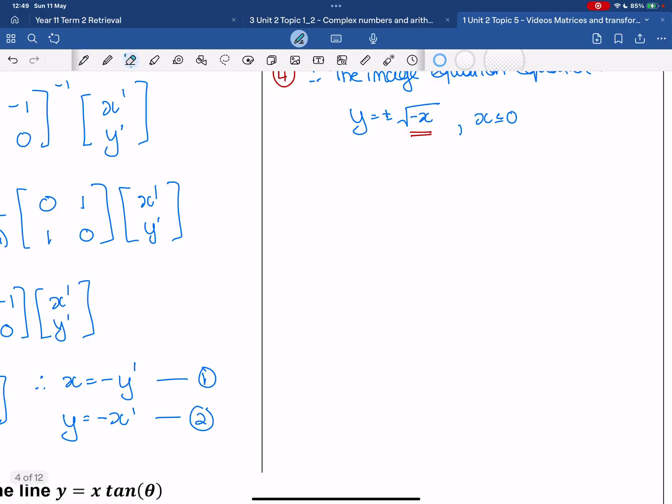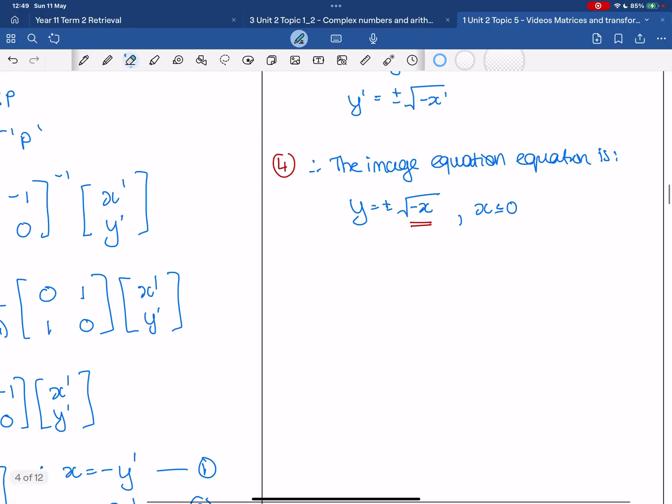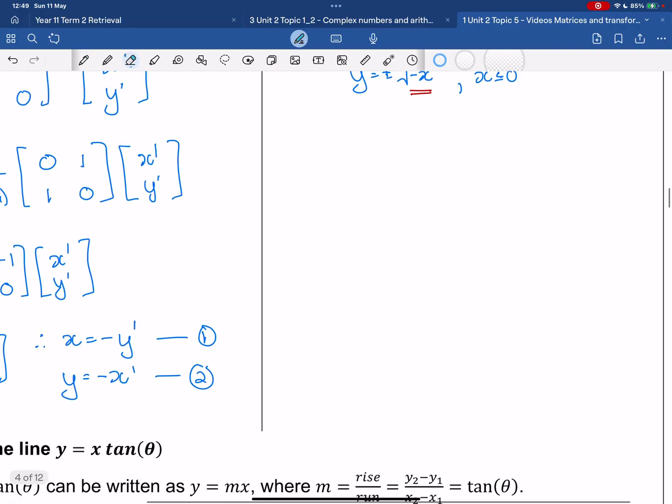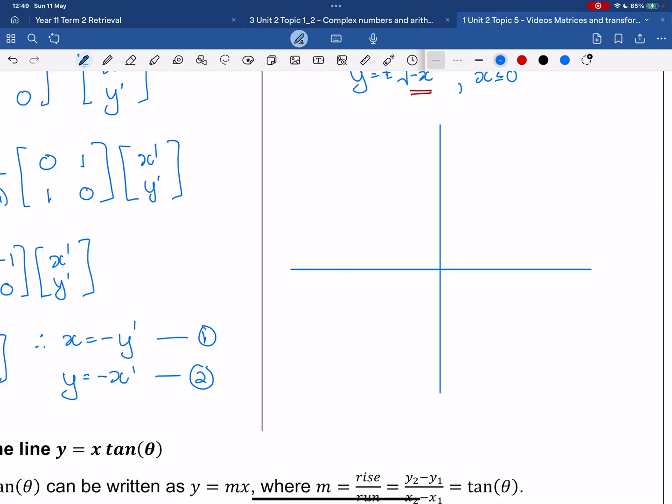All right, let's have a quick look at what this thing looks like. They wanted us to sketch the original and the image curve. So if we have our original y equals x squared, which we know is a beautiful curve looking like that.